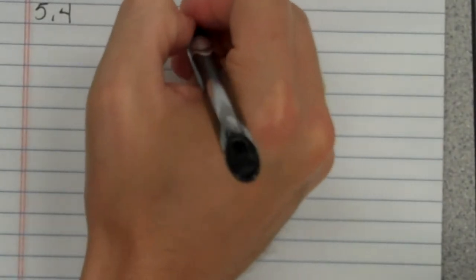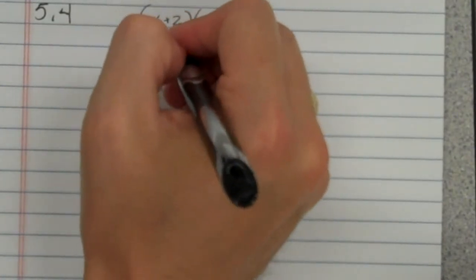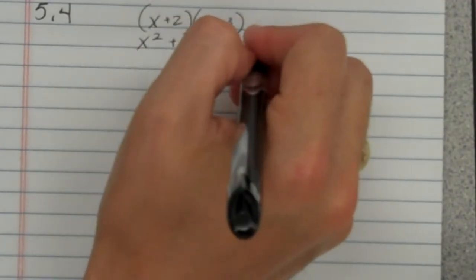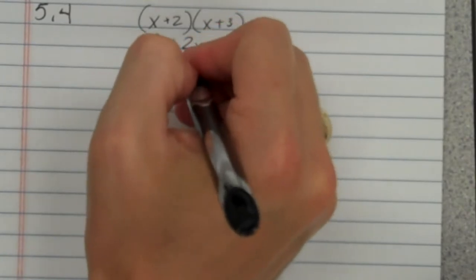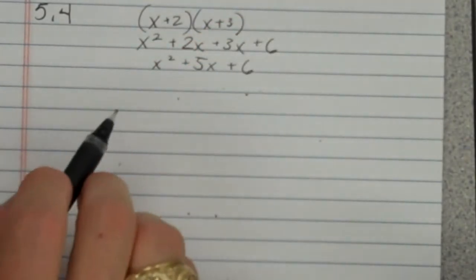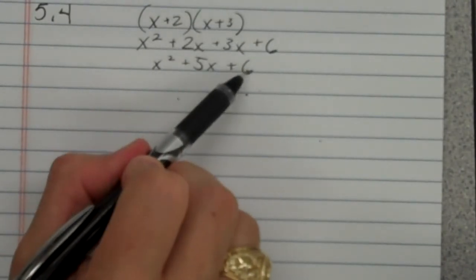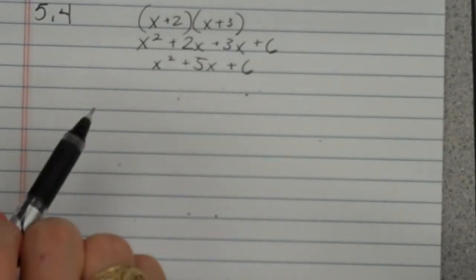If I have x plus 2 and x plus 3, and I FOIL it, it becomes x squared plus 2x plus 3x plus 6, right? I FOILed it. And that's x squared plus 5x plus 6. Now I said this in one of the earlier lessons, but notice how 2 times 3 equals 6 and 2 plus 3 equals 5.